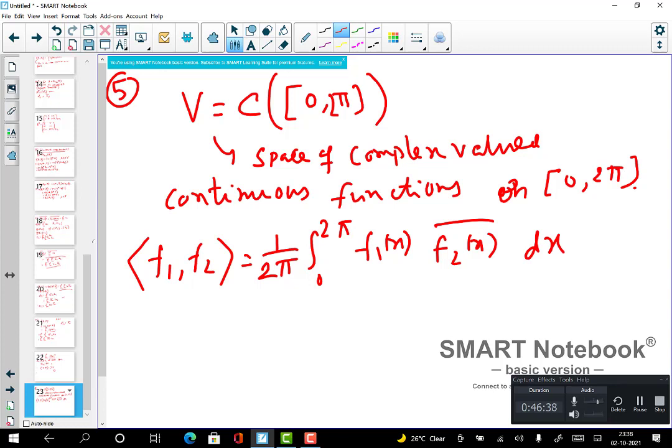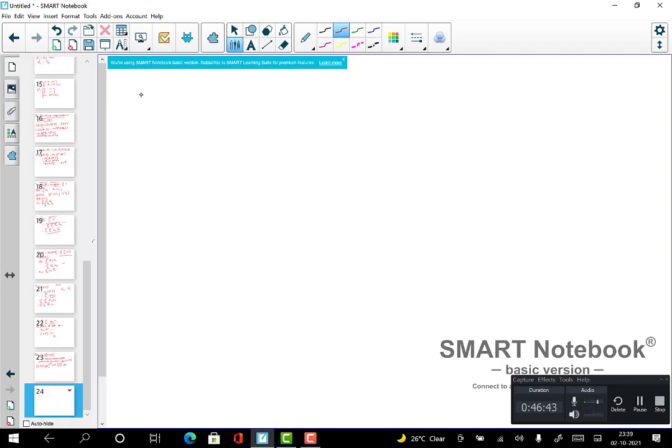Okay, and there are many others. Maybe I can also give one for polynomials. So maybe if my V is the polynomials over the field F. Let me just do it for R, because it is more interesting over R. Now, one more thing: the inner product may not be unique, so there may be more than one inner product.